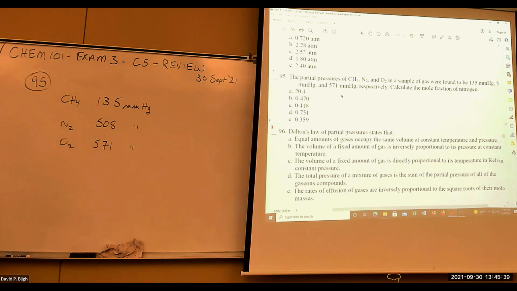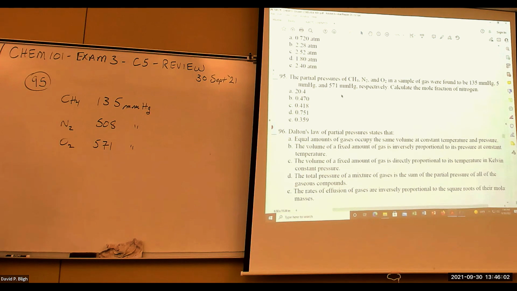Okay, what do we know about this problem is that the conditions are the same except for the different pressures of the gases. We have to assume that the temperature is constant, the total pressure is constant. The moles vary for these, but the total moles doesn't change.